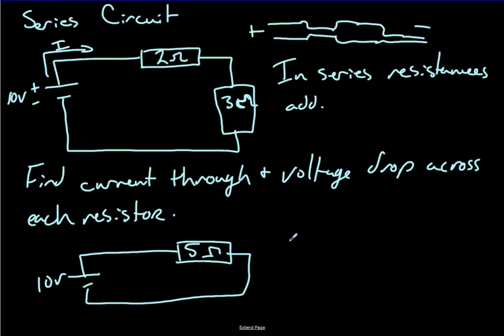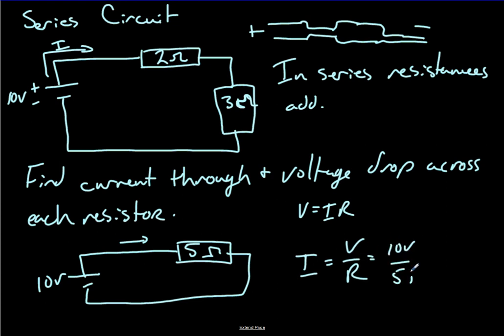Okay. So if we have Ohm's law in our back pocket, it's very useful. If we want to solve current first, what's the current through this circuit? Well, you just rearrange to get I equals V over R. In this particular circuit, you will have 2 amps flowing.